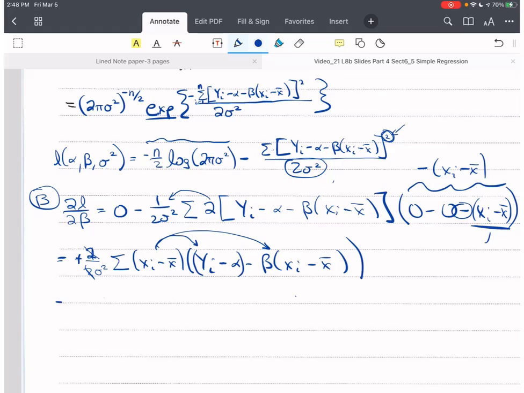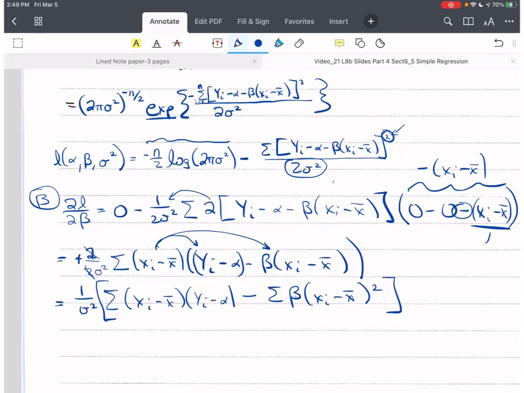And so this is going to equal 1 over sigma squared sum of xi minus x bar times yi minus alpha minus, I'll put a big bracket there, minus the sum of beta times xi minus x bar quantity squared. So I have distributed the summation across this negative here, and I've distributed xi minus x bar.